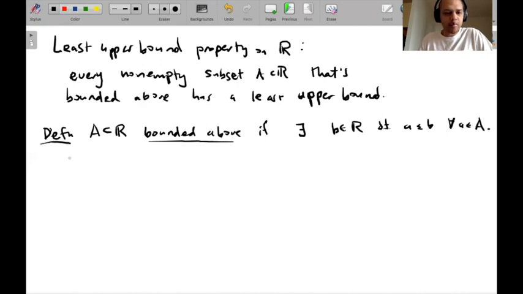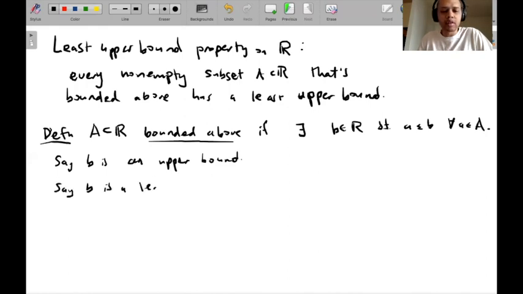Here we say B is an upper bound. And we say B is a least upper bound if it's smaller than any other upper bound.